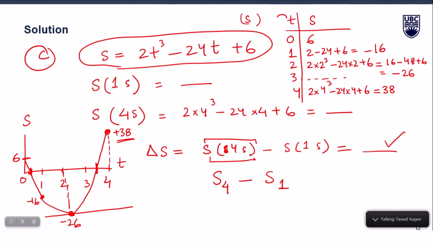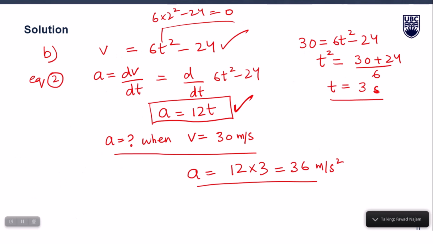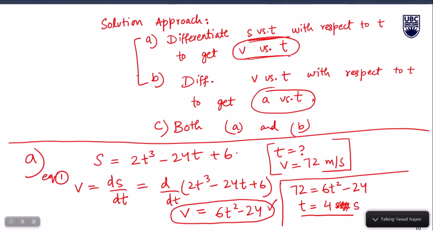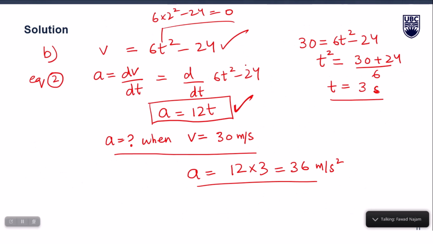Let's finally, in the same problem, plot all 3 equations: s versus t, which was given, which is this one; velocity versus t, which we calculated after differentiating it the first time; and acceleration versus t, which we differentiated one time more to get. Let's call the given equation equation 1, similarly the velocity versus time equation 2 and acceleration versus time equation 3.